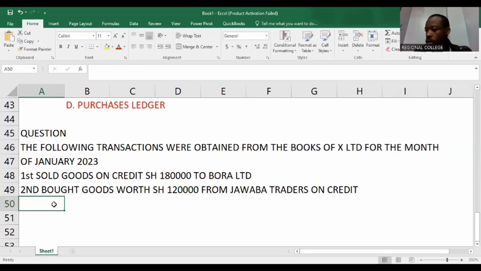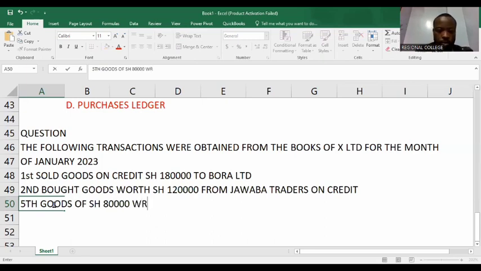Then the next one, on the fifth, goods of shillings 80,000 were bought on credit from Lakers Limited.